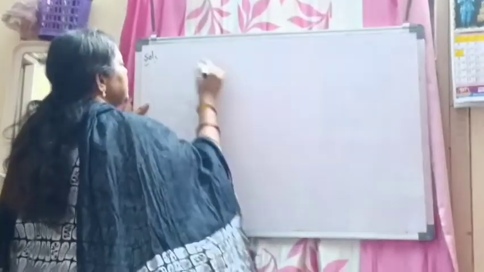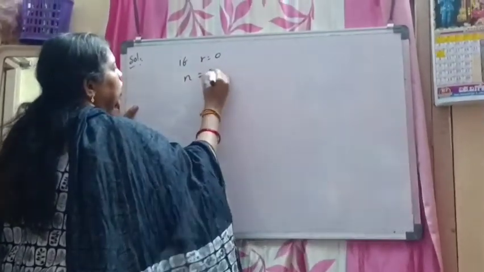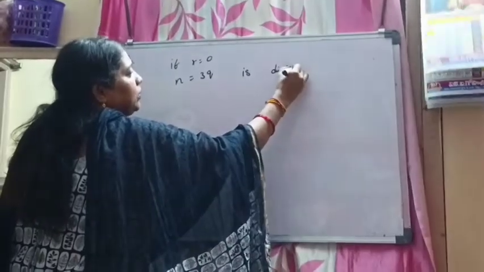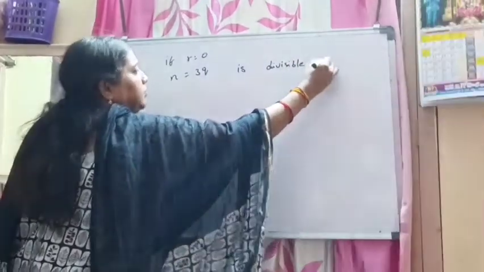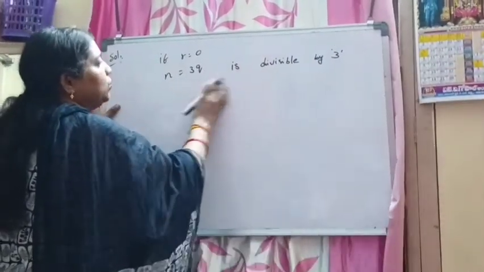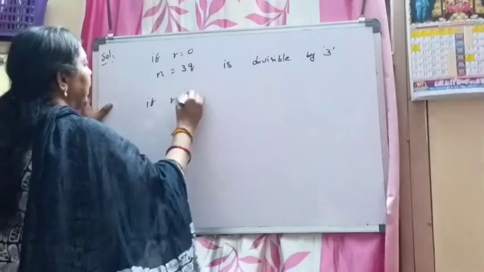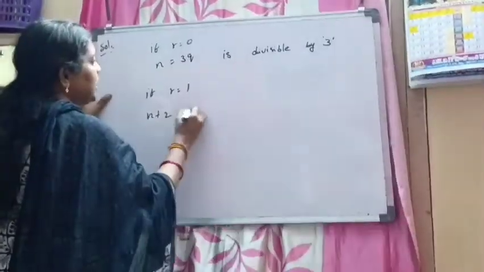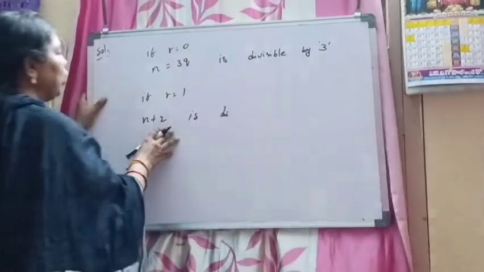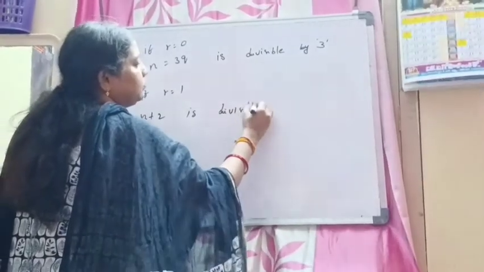In all 3 cases, if r is equal to 0, n is equal to 3q, which is divisible by 3. If r is equal to 1, n plus 2 is divisible by 3.